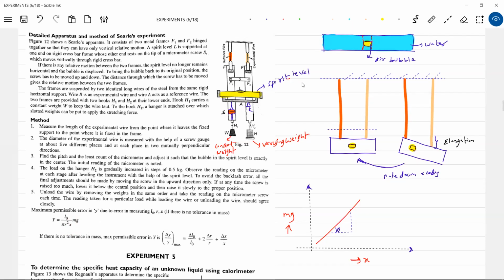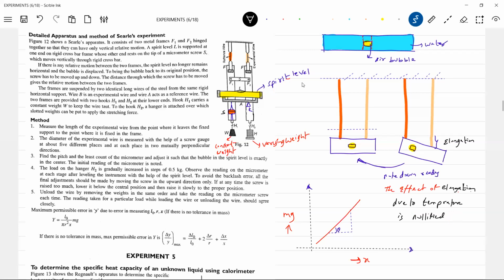Got the idea? So what is a Searle's double bar apparatus? The effect of the elongation due to temperature is nullified in this experiment.